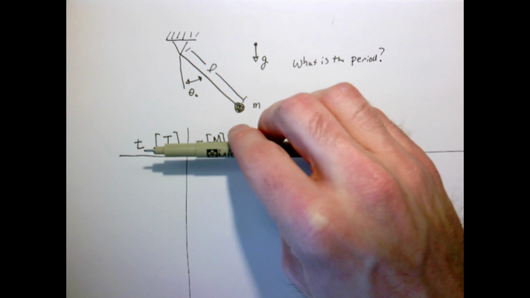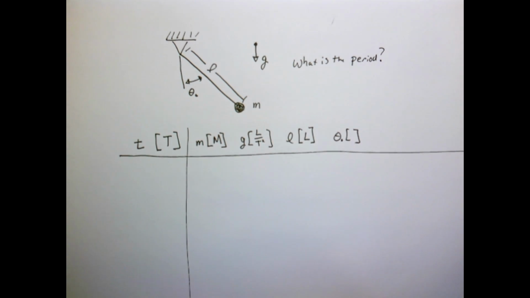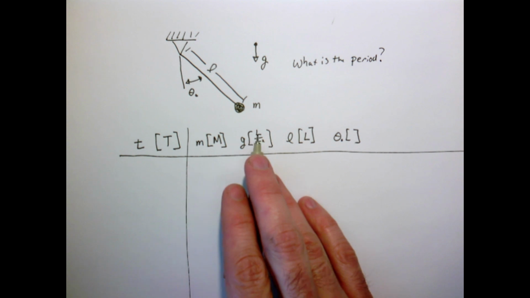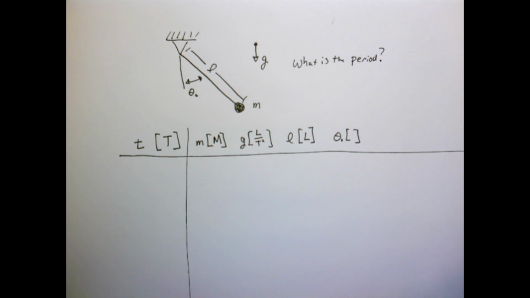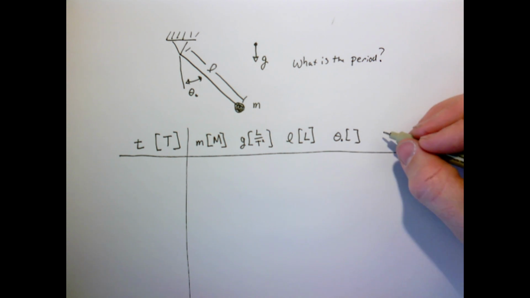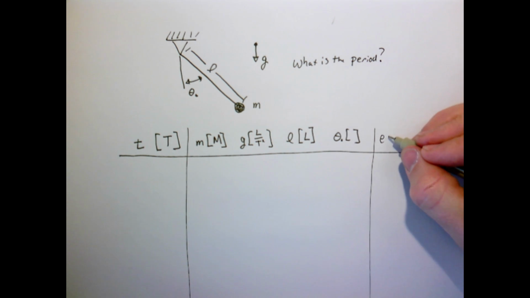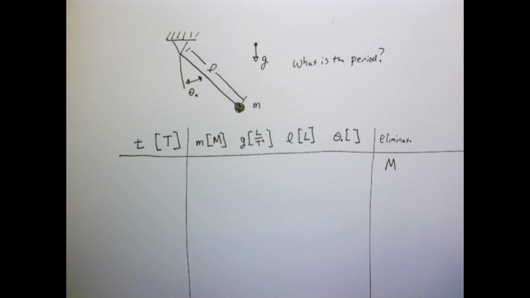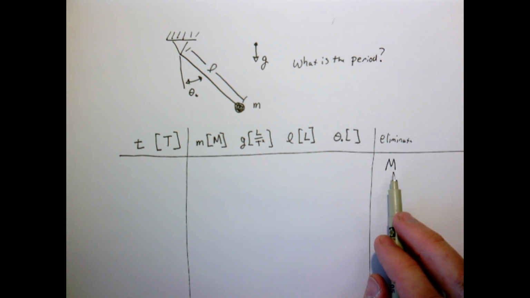Now I'm going to proceed and eliminate the different units. I'm going to eliminate mass, length, and time from the problem just by forming ratios or products of different parameters. Let me just show you how it proceeds. I'll write out here for each row, eliminate, and we'll start with m. So I'm going to eliminate mass from the problem.